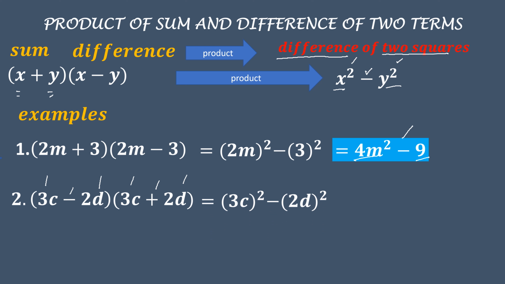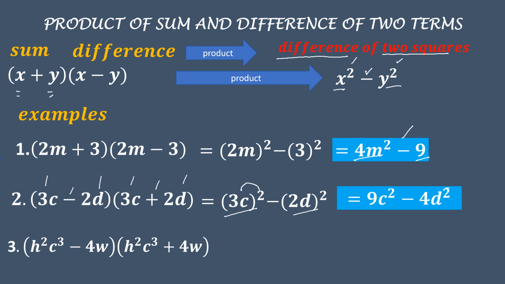Yes, and therefore we simply do it this way and simplify further, distributing the 2, so that will become 9c squared minus 4d squared, because 2 squared is 4 and d to the power of 2 is d squared.